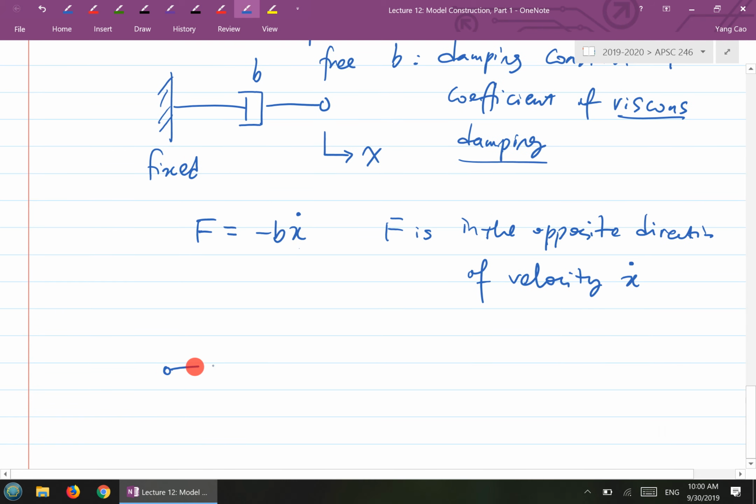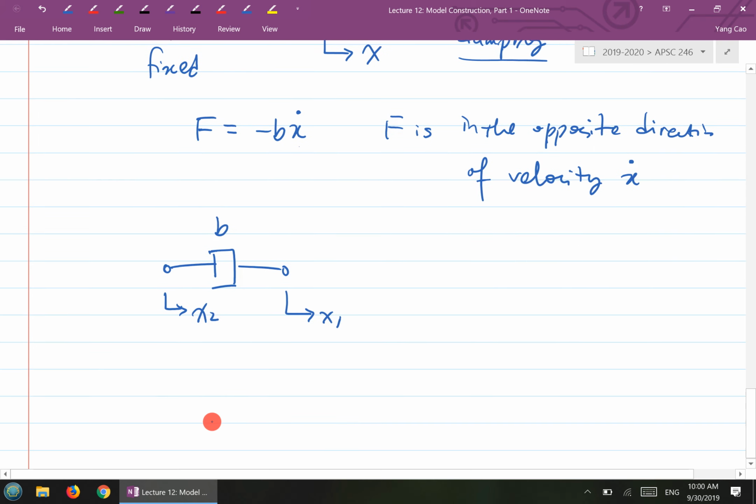So what if I have a damper where both ends are free? Then you have x1 and x2, just like the spring. Define x1, x2 as displacements referenced to equilibrium first, and draw the arrows in the positive direction. Now, very much like the spring, you could attach an object to this side and an object on the other side.